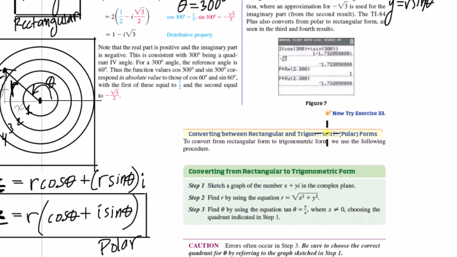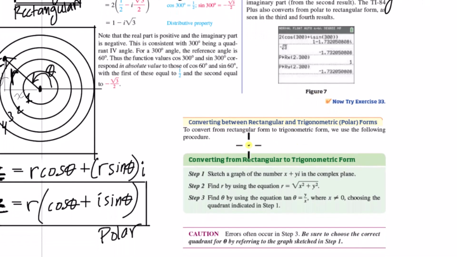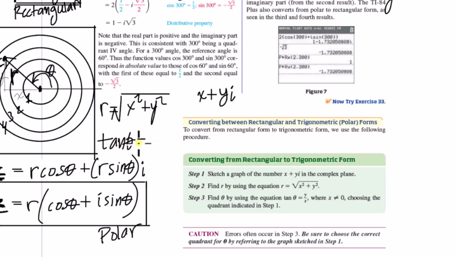Converting between rectangular and trigonometric form, so going the other way, this is going to be simple. If you've got x plus yi, then r is going to be the square root of x squared plus y squared, so you can get r, and then tangent theta is y over x.